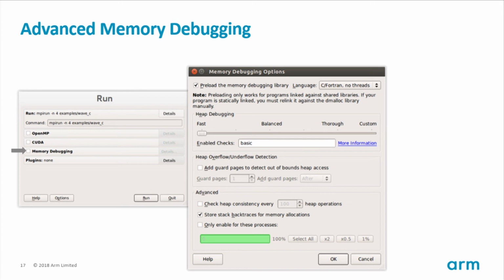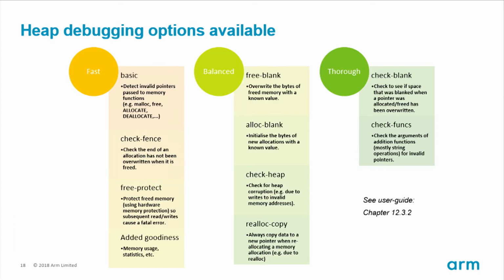So under heap debugging, you see a little slider. By default, it's set on balanced, but you can either put it to the left for fast or to the right for thorough. As this slider goes either left or right, it enables more checks on your code. We link against our memory debugging libraries, and depending on the slider, you can have different types of checks on your code that will happen automatically for you.